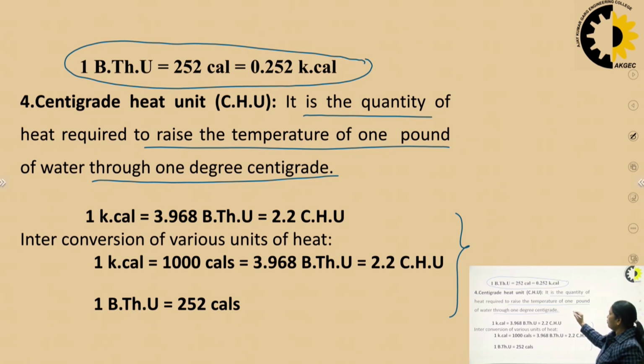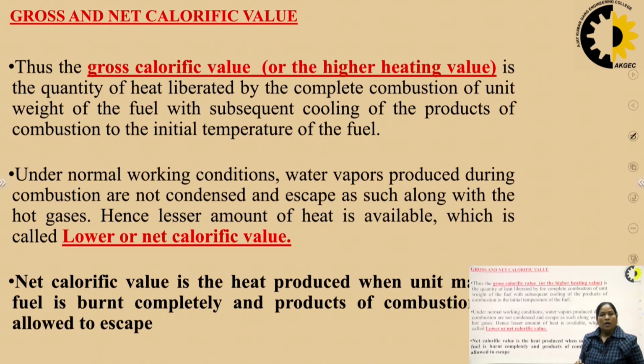The common units for calculating calorific value are calorie, kilocalorie and joule. Now, coming to the next important point, there are 2 types of calorific value: gross calorific value and net calorific value. What is the difference between them?